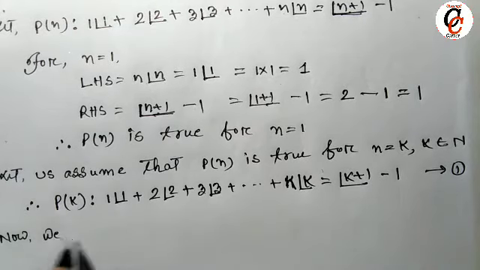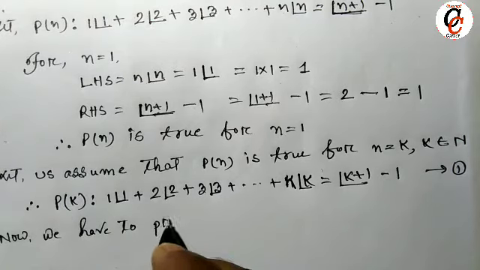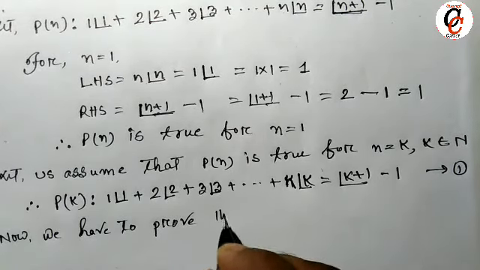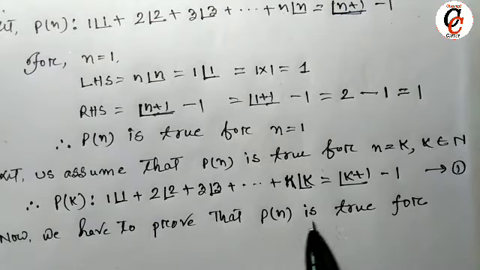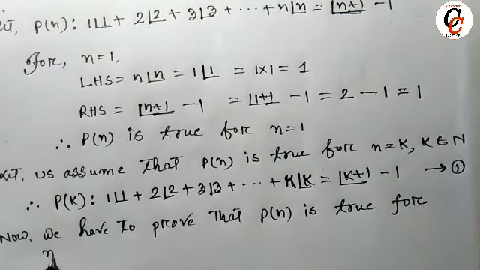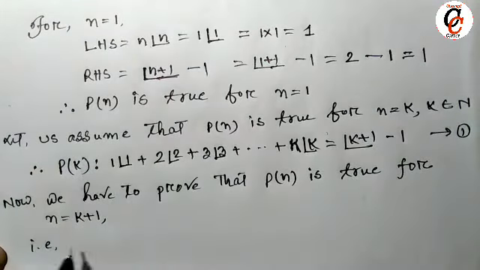Now we have to prove that Pn is true for n equal to k plus 1. That is, if we put n equal to k plus 1, the statement will become P(k plus 1).